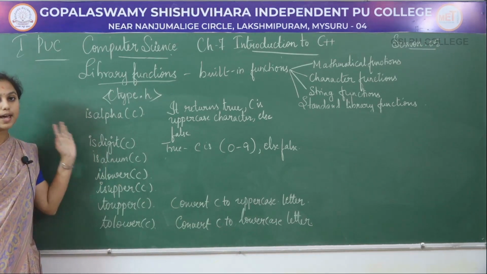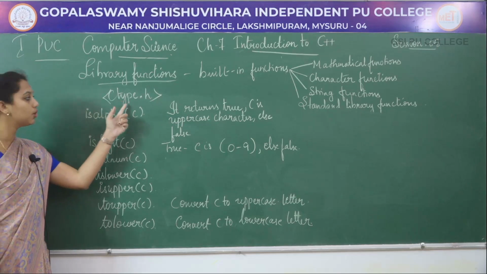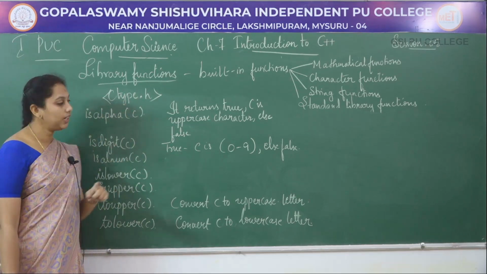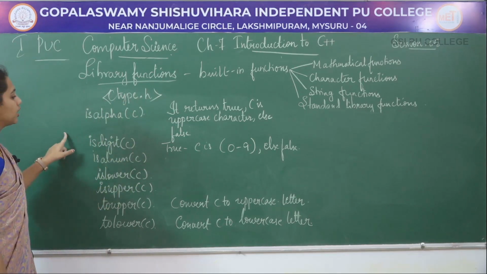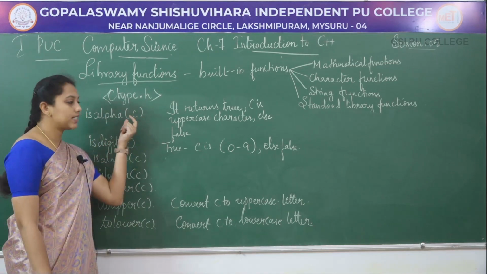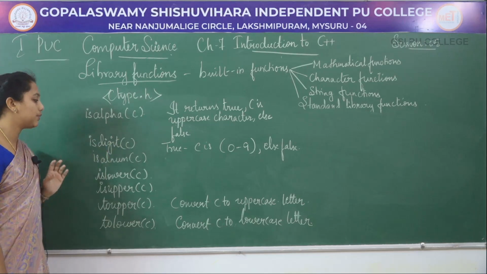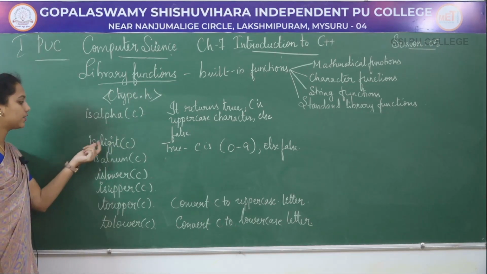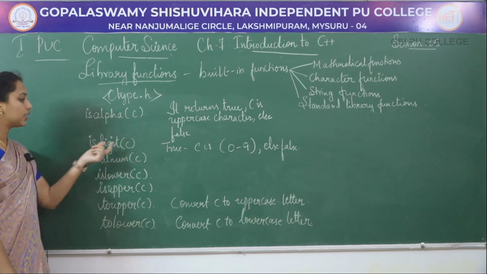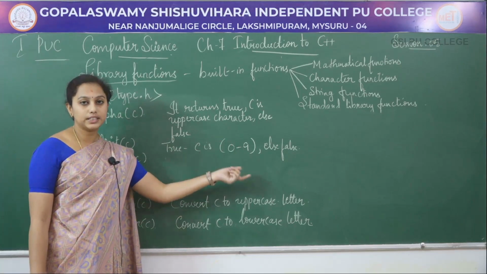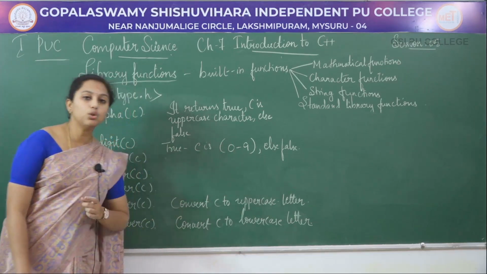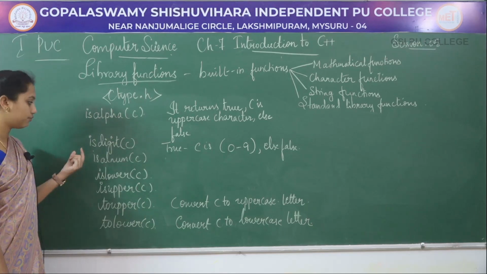If I want to use character functions, then I have to include the ctype.h header file. The isalpha function returns true when c is an alphabet character, else it returns false. Next one is the isdigit function. It returns true when c is a digit from 0 to 9, else it returns false.